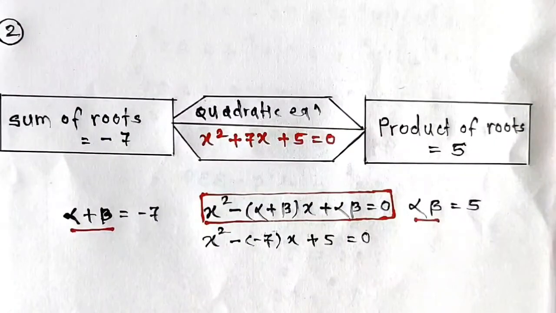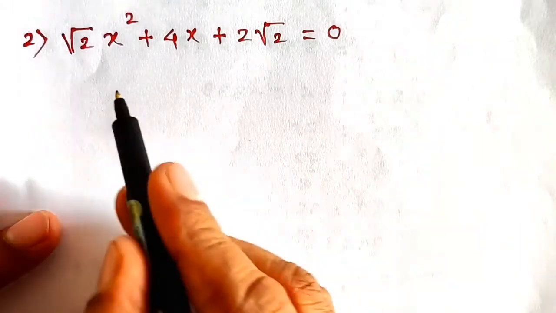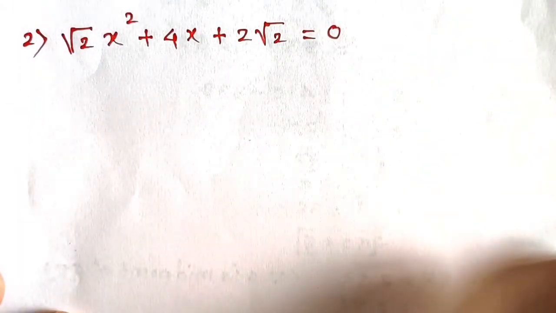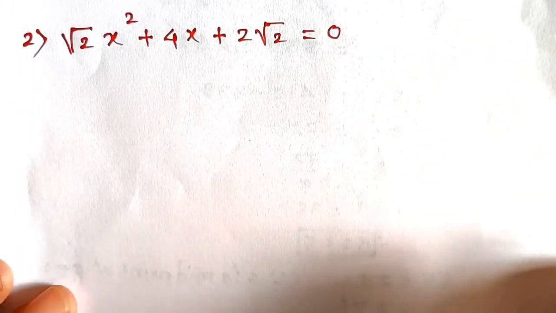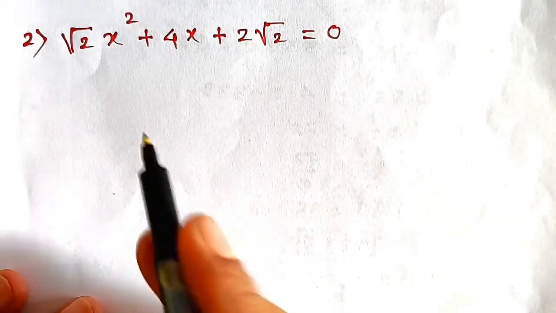That middle part is omitted, the relation between alpha, beta and the coefficients a, b, c. Alpha plus beta is equal to minus b by a, and alpha beta is equal to c upon a. So here the equation is given, root 2 x square plus 4x plus 2 root 2 is equal to 0.